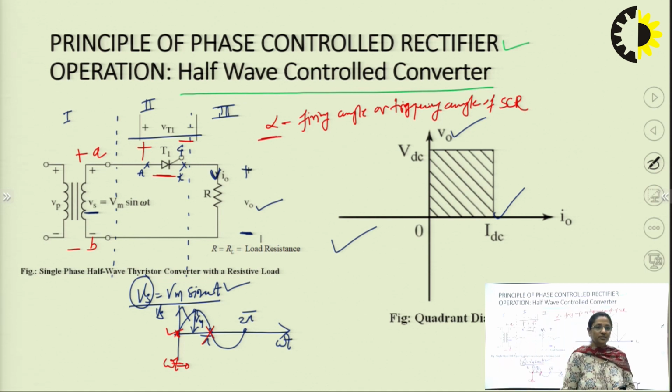What happens with triggering of thyristor T1?